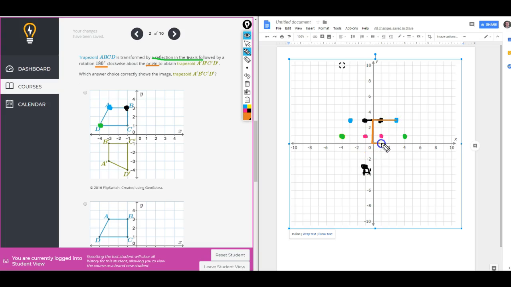So again, 1, 2, 3, down 1, 2, 3 would be 90 degrees, since this line moved 90 degrees, and another 90 degrees makes 180. So it'd be 1, 2, 3, 1, 2, 3. So this is where B' would be.